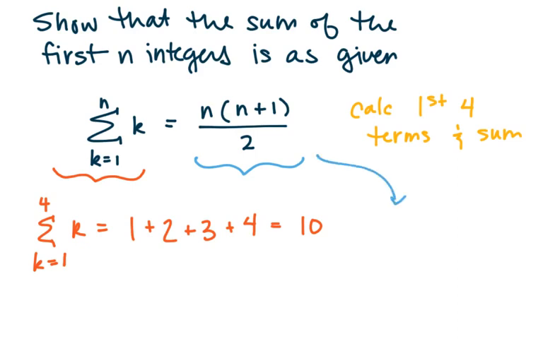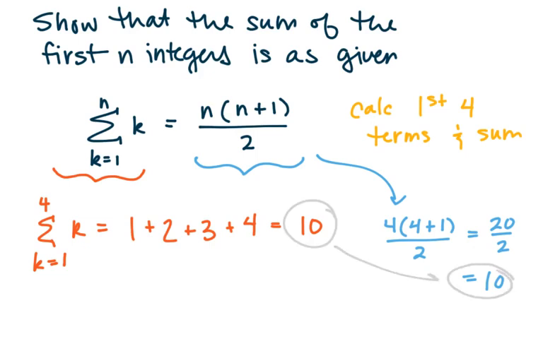And if I were to calculate this for my nth term being 4, that would be 4 times 4 plus 1 over 2. Which gives me 4 times 5, which is 20 over 2, and that simplifies to 10. So we see that this works, this is true, for n being equal to 4.